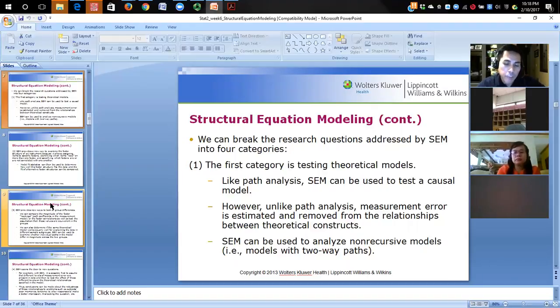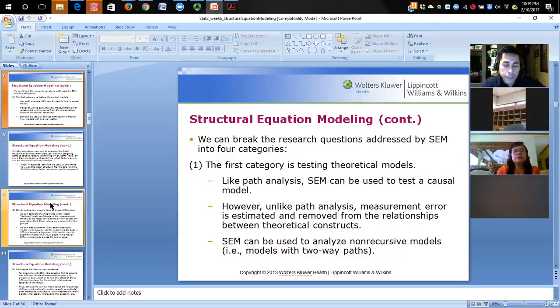If factor A can cause factor B and factor C, it's non-recursive, and structural equation modeling is able to analyze these paths, but it's based on cause and effect.